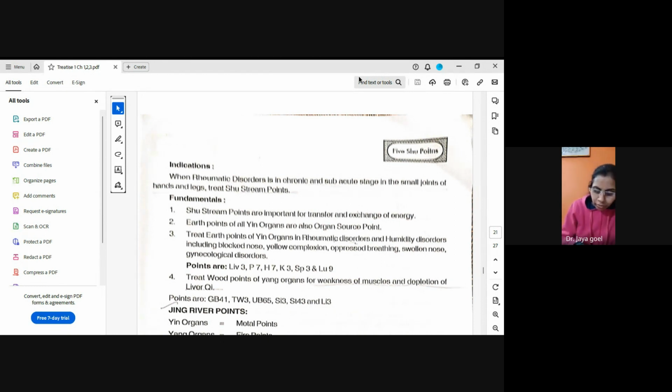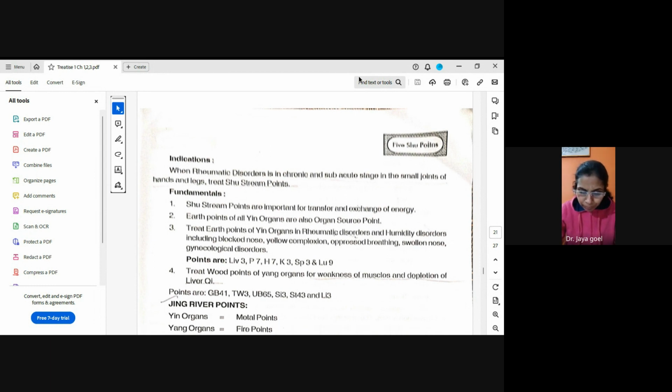So first, like this, we can write the meridian points. SP3, LU9. These are the earth points of the yin organs.